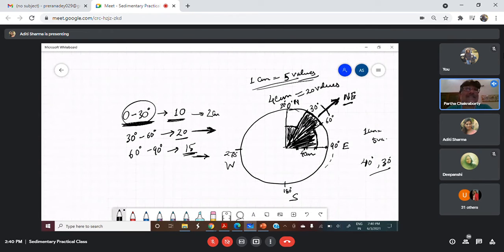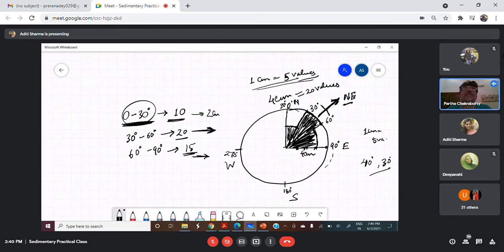Now, as Aditya has rightly said, the class interval fully depends upon the number of data you have got and the area that you have covered. Suppose in an area I could not generate much data, availability is very low.